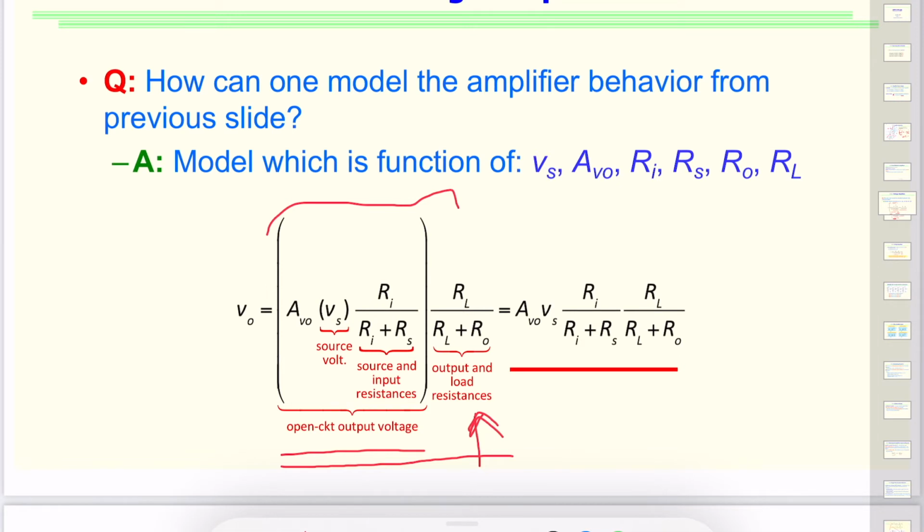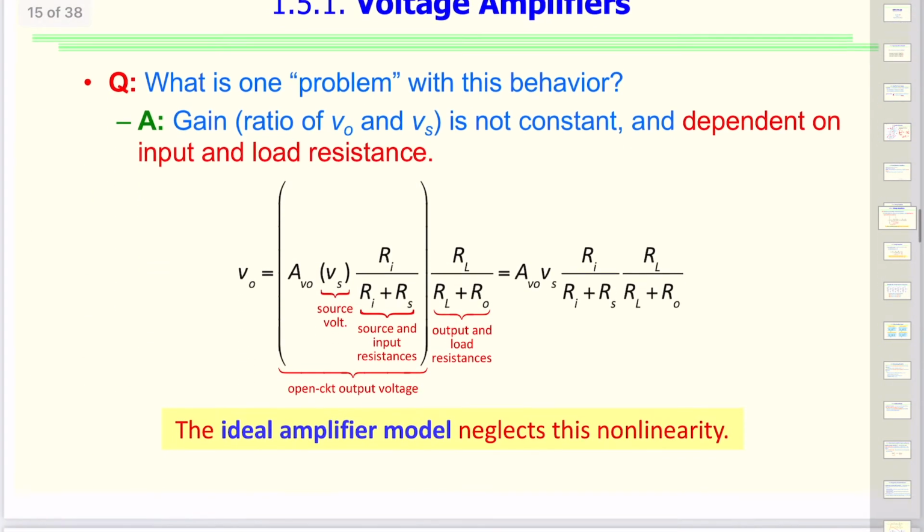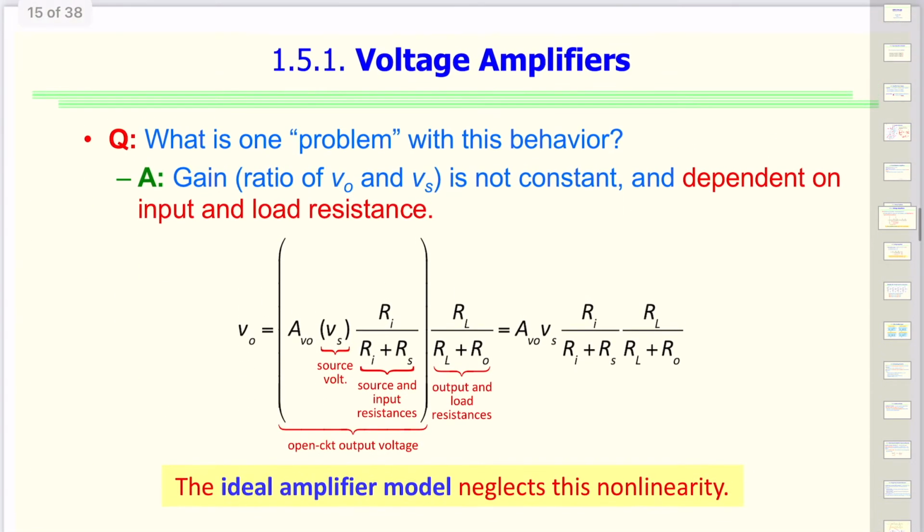But this gives us a relationship that shows dependence on input resistance and output resistance. So many times that's not what we want, and that would then create non-linearity in the system if there is change in the load.